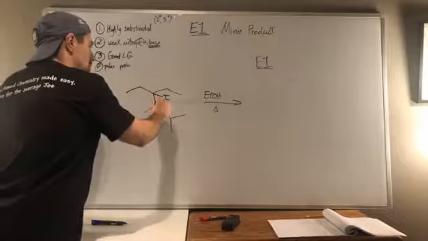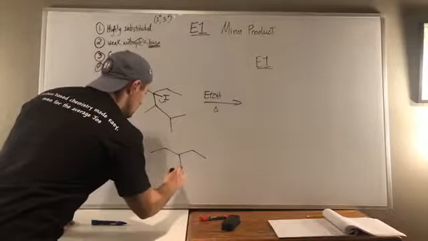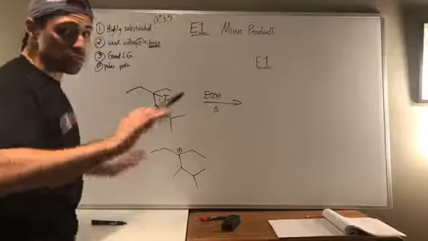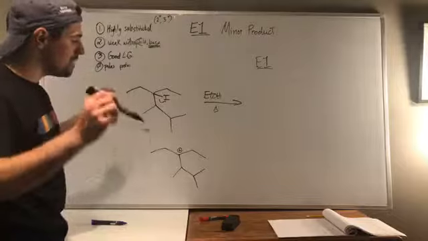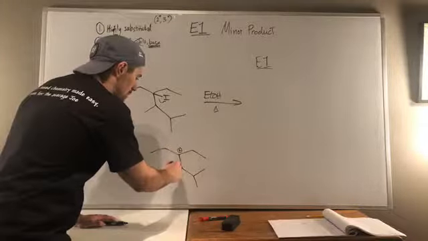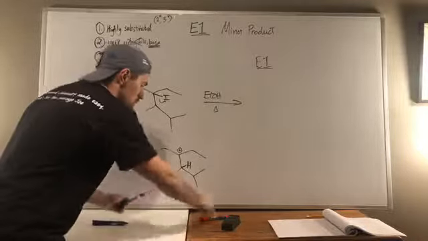So solvolysis happens. Carbocation right here. Remember, we have to freeze and think to ourselves, can we make this better? Well, in fact, we just look straight down right here, and we can do a hydride shift.